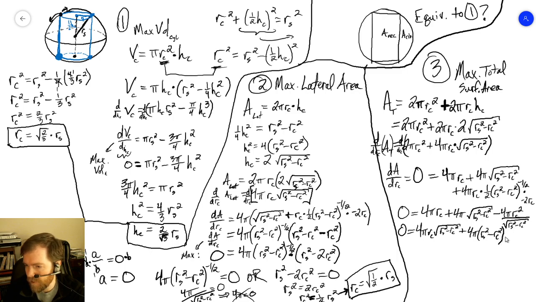And this is going to be a minus 4 pi rc squared. That's interesting. Okay, so that reinforces. So this is going to be a negative 4 pi rc squared and a negative 4 pi rc squared here too. Okay.